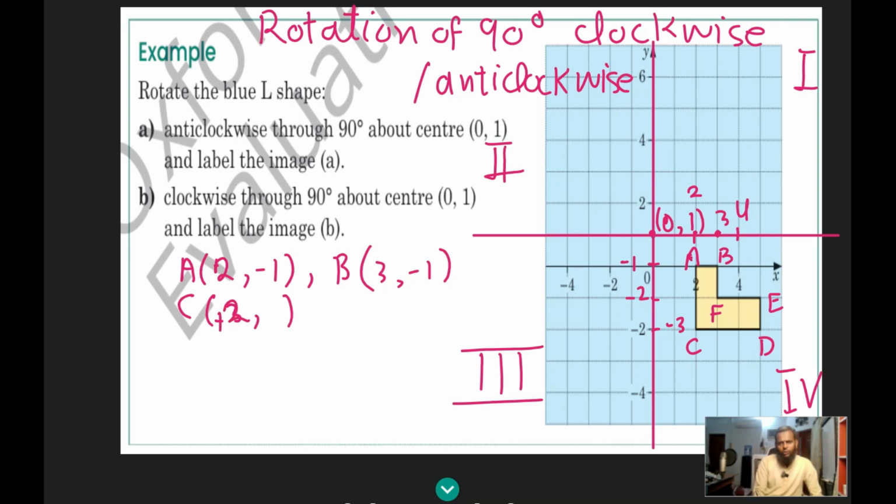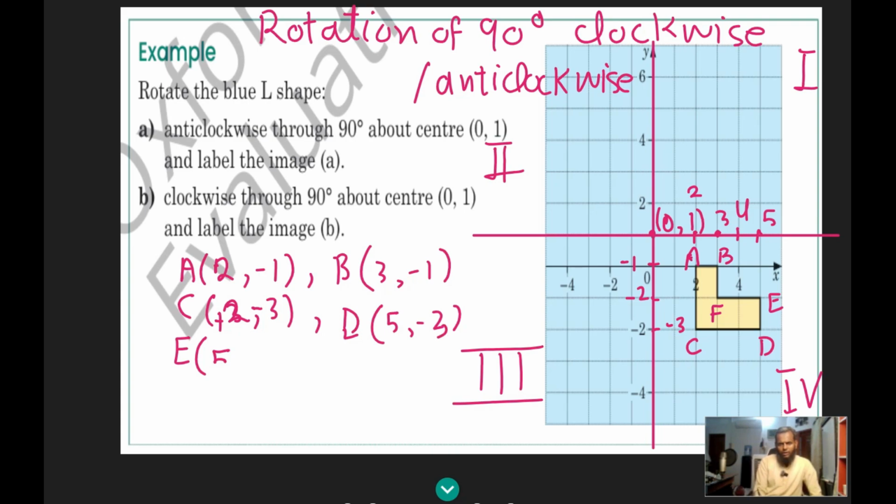C coordinates are +2, -3. Now we see D coordinates. You can see that here is 5. Okay, 5, -2, and E and F. D coordinates are 5, -3.